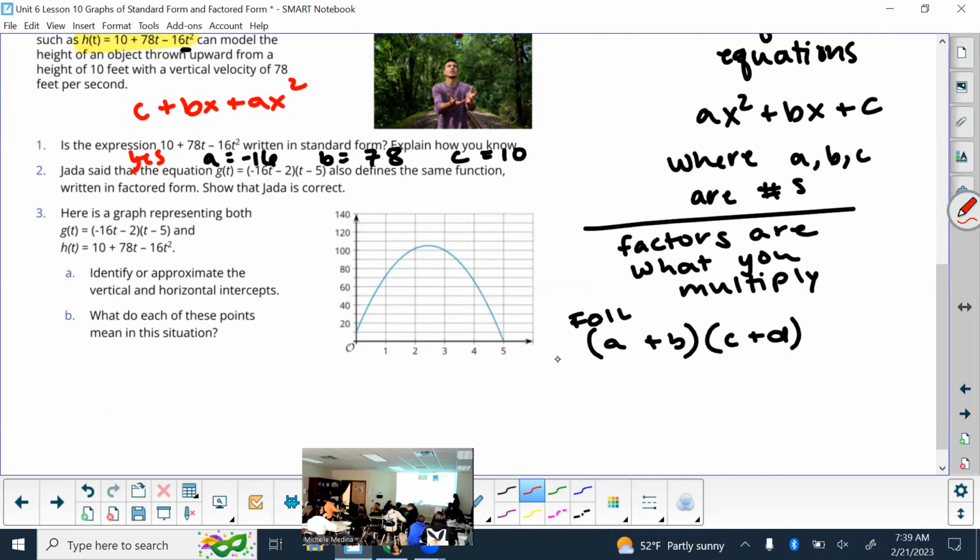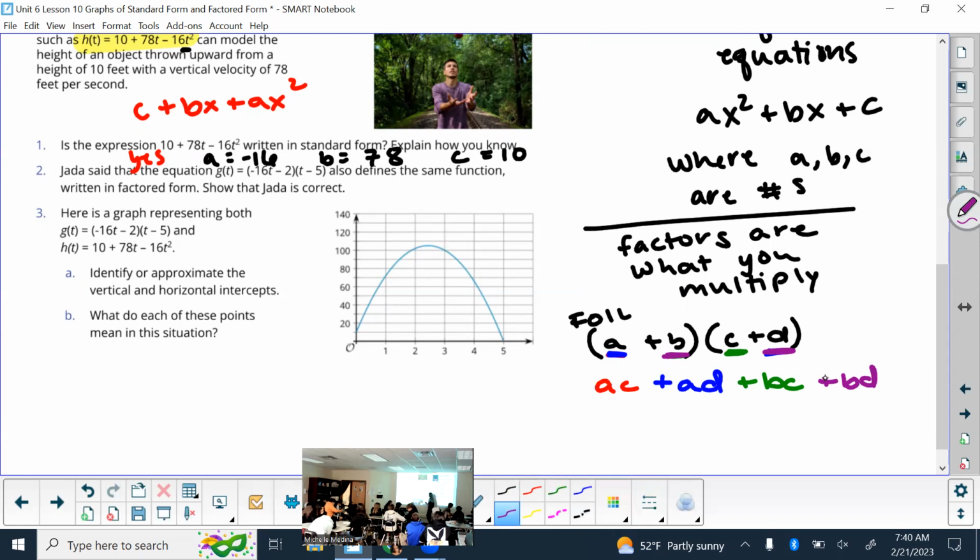A times c is ac. Then you do your outer numbers of each parenthesis: a times d is ad. Then inner, b times c is bc, and then last, the last numbers in each parentheses, b times d is bd. And a, b, c, and d can be any numbers.